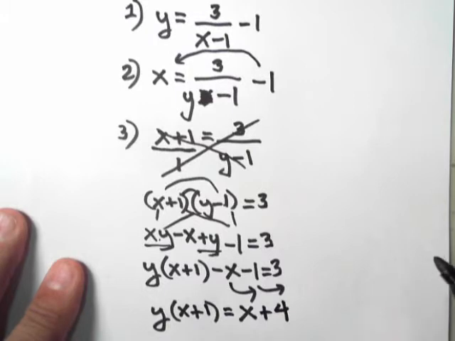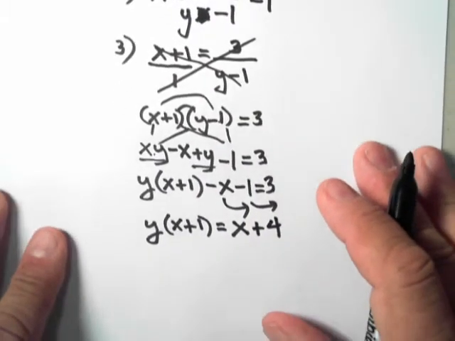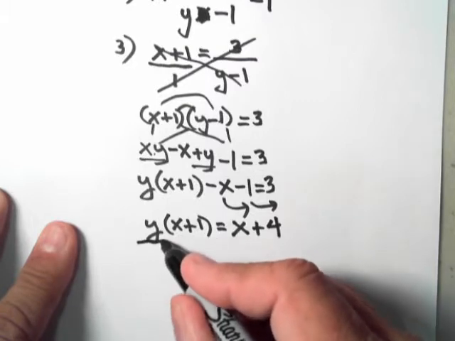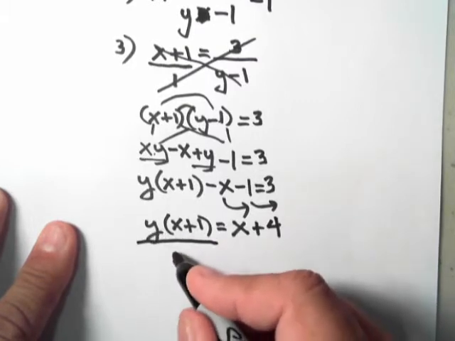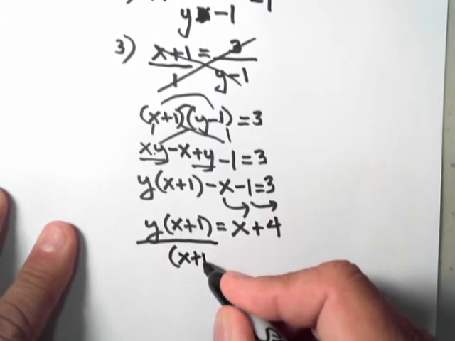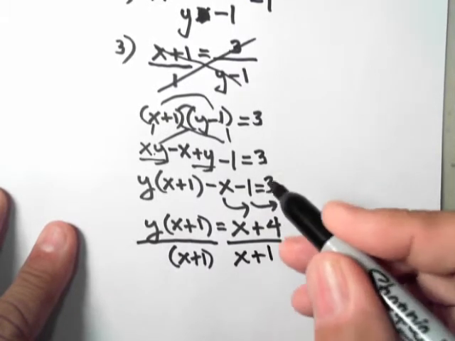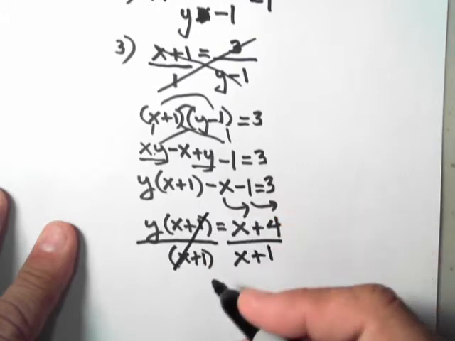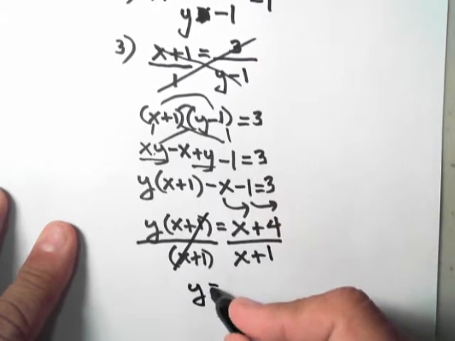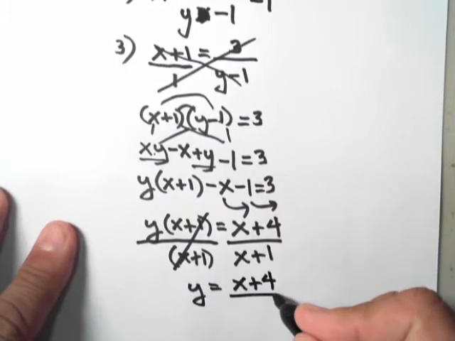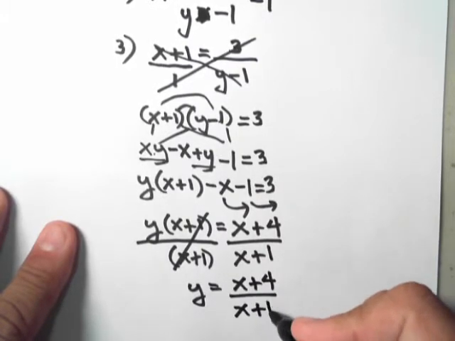The last thing to do here then, let's keep scooting this up so you can follow it along. Gonna divide, remember we're solving for y, so divide by x plus 1 on both sides. Here we go. These cancel out, so I get y equals x plus 4 over x plus 1.